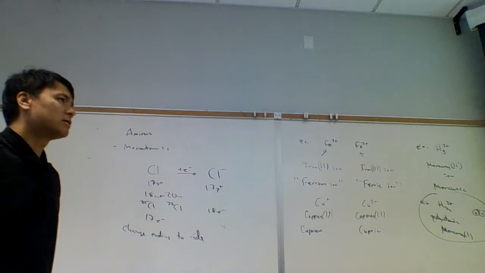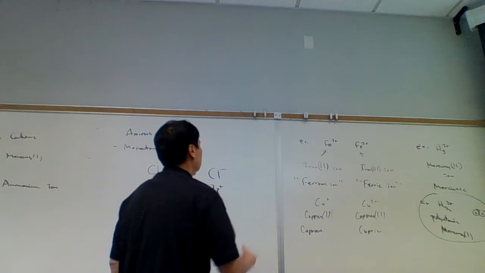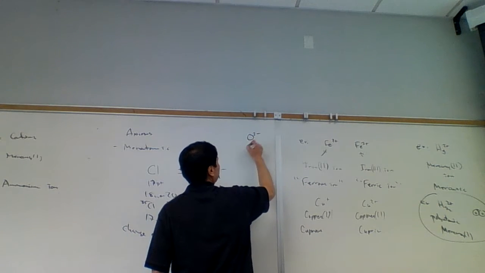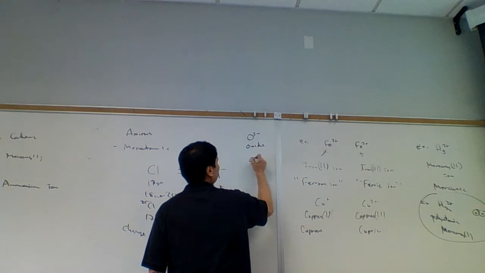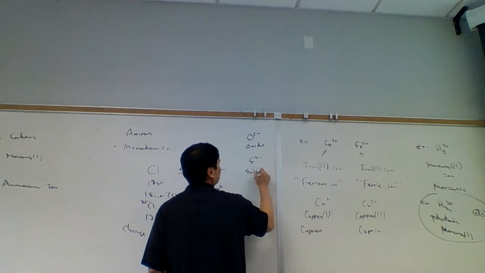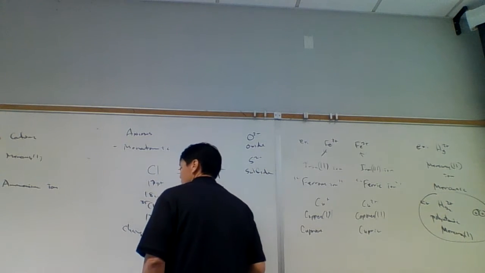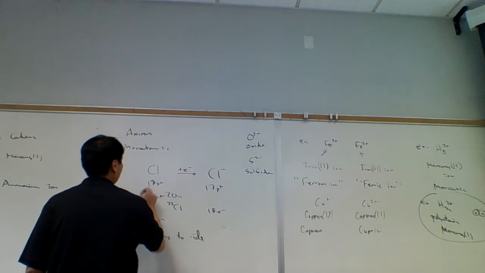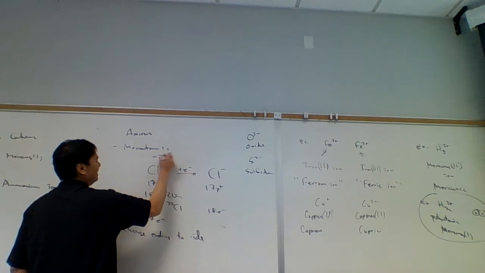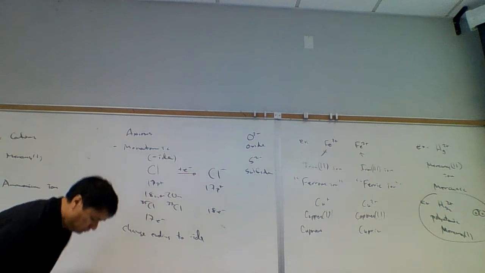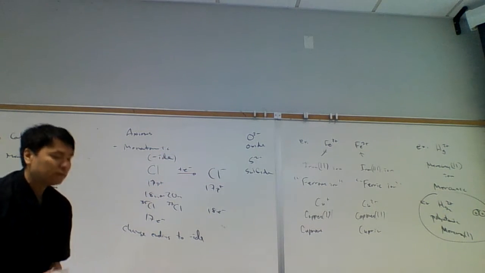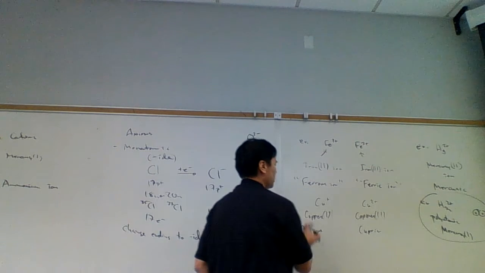And the charges we can just get off the periodic table. So we'll do O2- oxide, S2- sulfide. And so the monatomics end in -ide. If you see the ending -ide, well, that sounds like a monatomic.